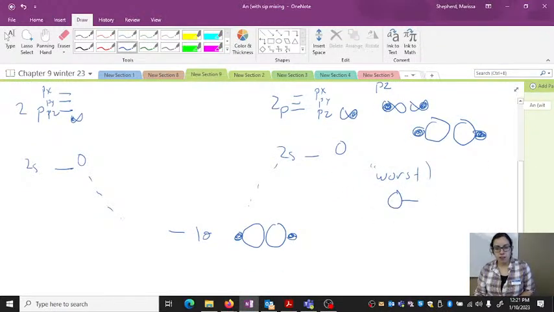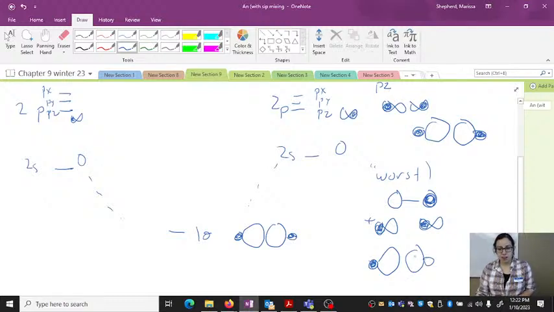Now what I call the worst is where they're both out of phase. So where these two are out of phase, mixing, where they're in phase with the p orbitals, we're emphasizing the worst parts of it. This unshaded matches with an unshaded to make this big and unshaded, and then our center gets big and shaded.